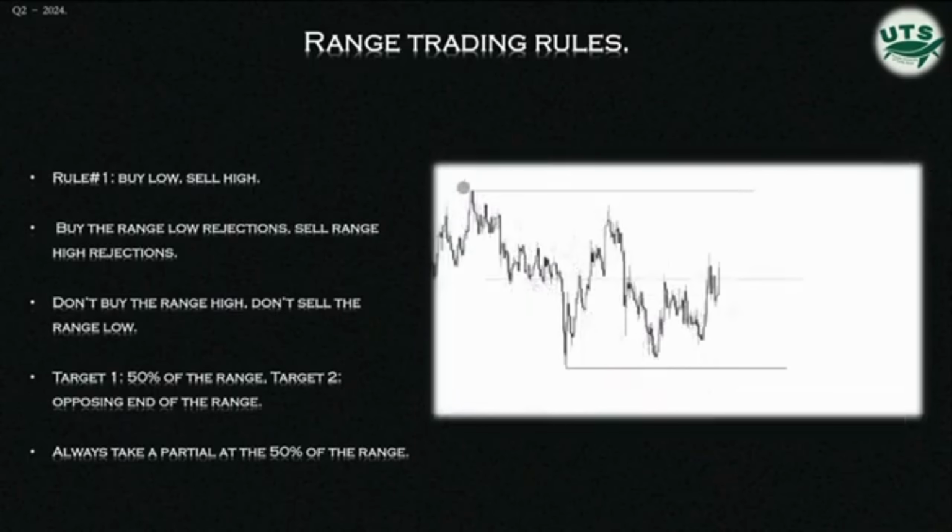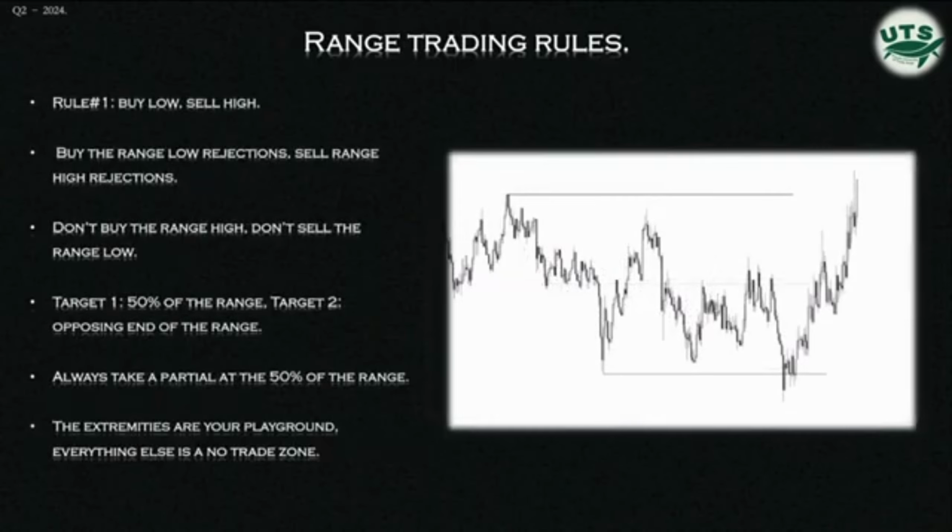Again, you have this, a range high, range low. The market is clearly chopping, right? Between point A and point B. The rules say buy low, sell high, buy the range low, sell the range high. Don't sell the range low, don't buy the range high. Target 1 is 50% of the range, and target 2 is the opposing end.